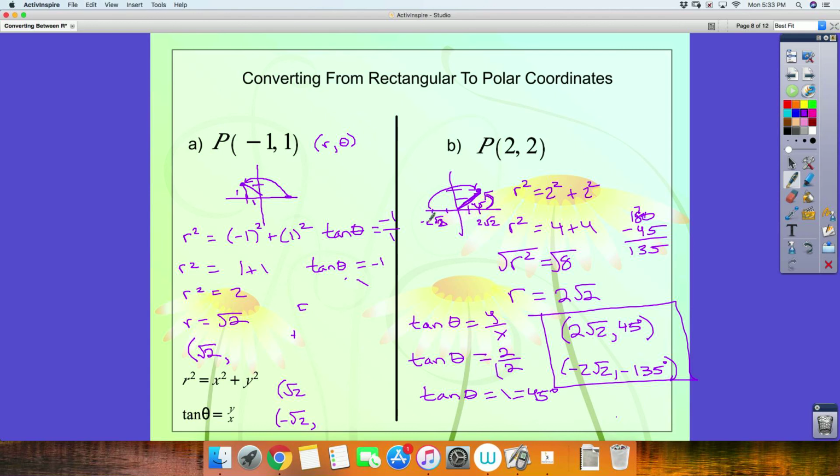Or we could start at negative 2 root 2, and find the supplementary angle to 45 to figure out how far we go, and that's negative 135. So hopefully you're starting to understand why we have 2 answers. One is going counterclockwise, and the other is going to the negative coordinate and going clockwise.